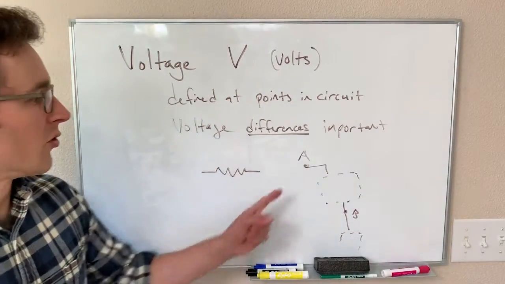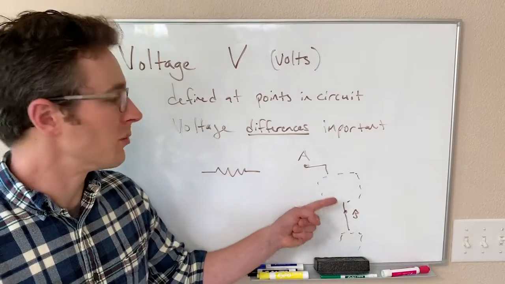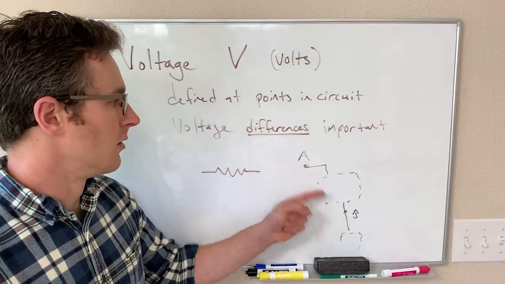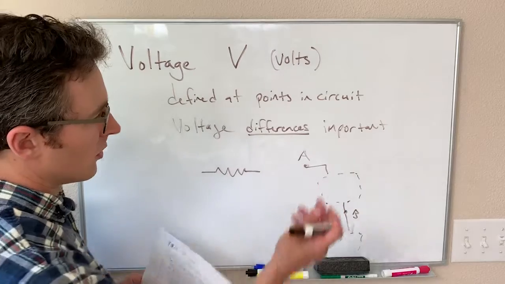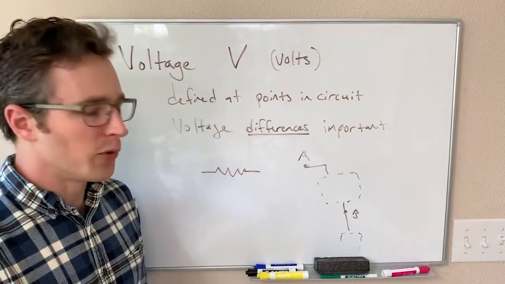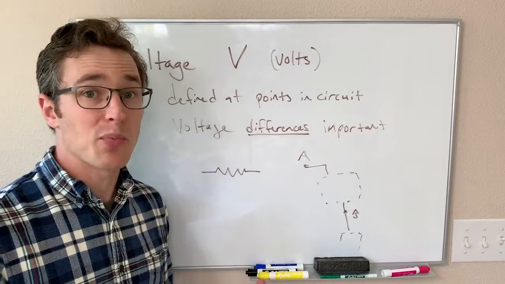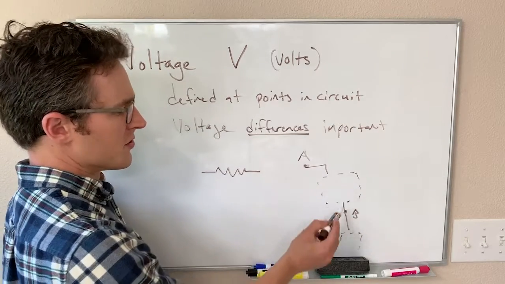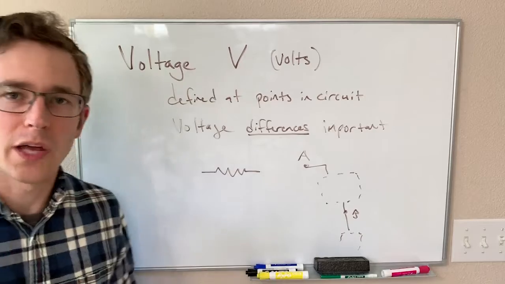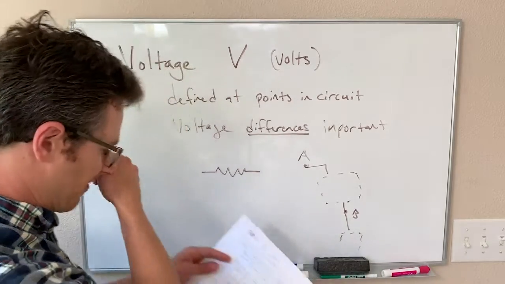So we can also look at the voltage difference between point A and point B by, again, subtracting those two voltages. So we would call that the voltage difference between A and B, or the voltage drop between A and B, or the voltage drop across whatever this is. This could be a component in the circuit or a collection of components or something like that.